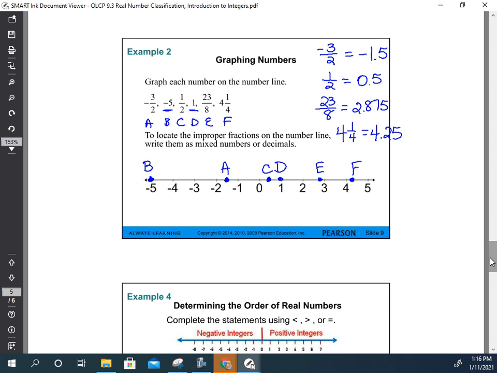We'll get into the real graphing later on, probably another couple of units, but you have to know how to graph on a number line before you can graph on a coordinate grid.